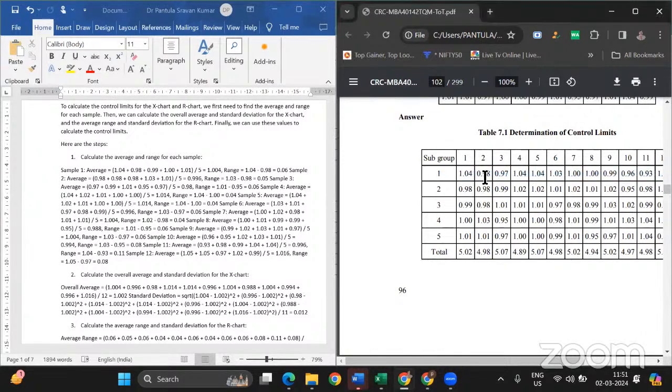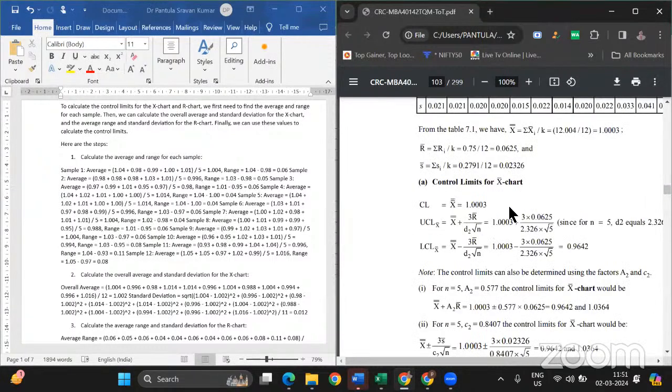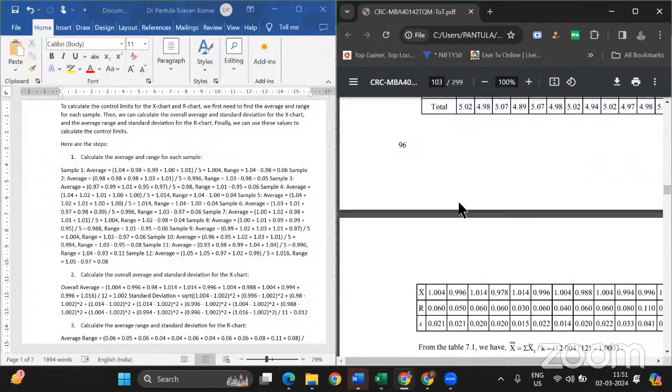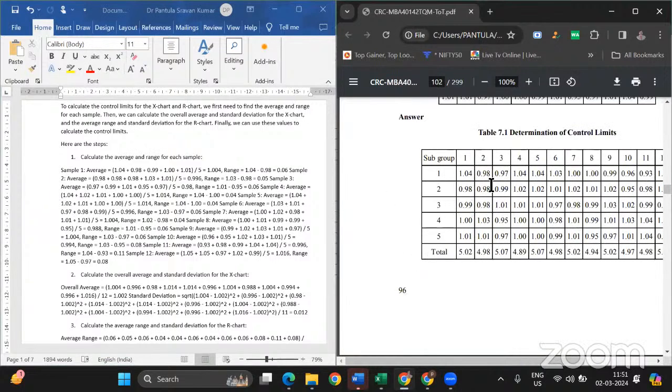Second one. You can see here 0.98. So here the sample is 0.606. So for the second average, you can see 0.9. This is the first sample. This is the second sample. 0.998 plus, no, I think I need to use the pointer. This is the second sample.